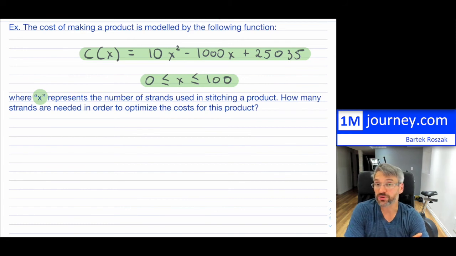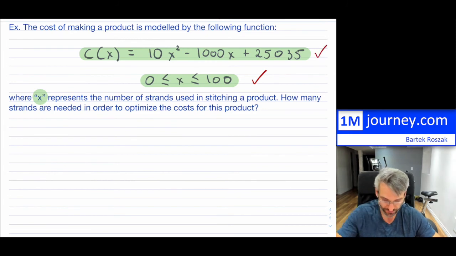If you're going to be optimizing costs for yourself, you definitely want to try to minimize them in some particular way. So you don't want to be overpaying for these. And let's take a look and see what value for x we could find that will optimize or minimize this particular cost.